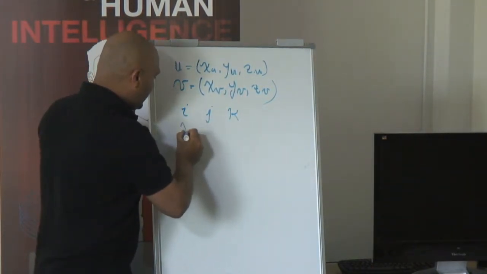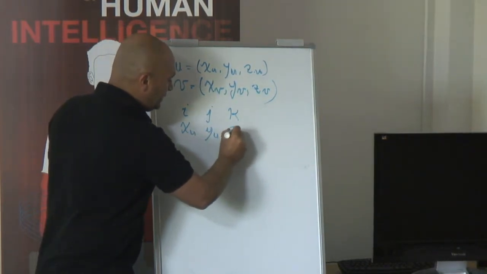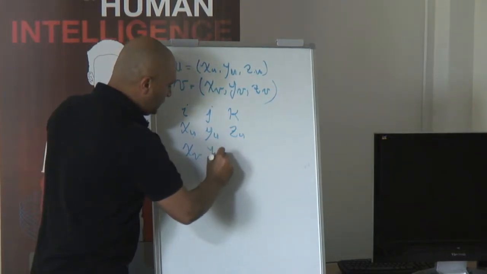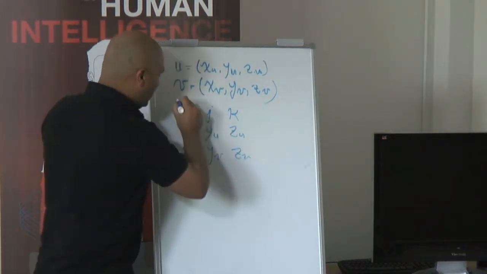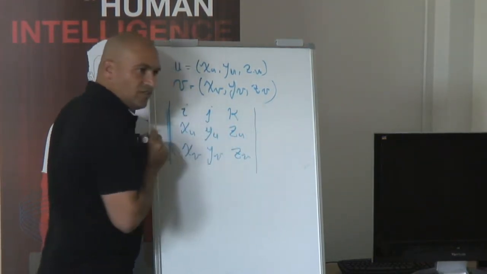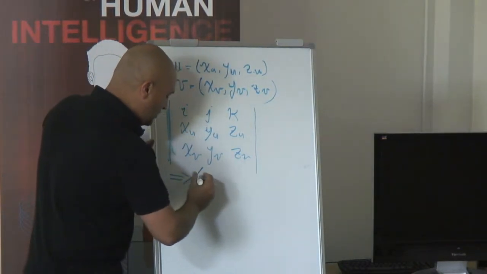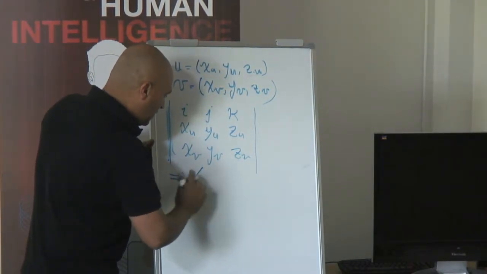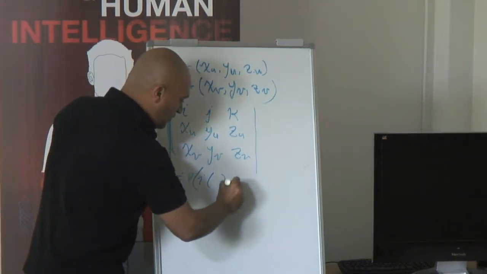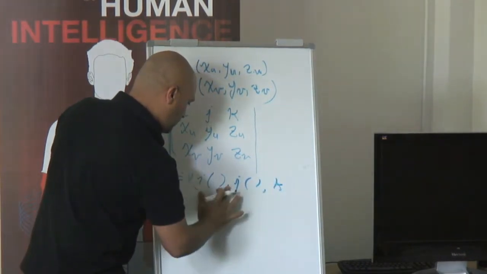Then I write x_u, y_u, z_u, and then x_v, y_v, and z_v. And then I compute the determinant of these. This will lead to a vector which will be i multiplied by some term here, and then j multiplied by another term, and k, which should be plus.